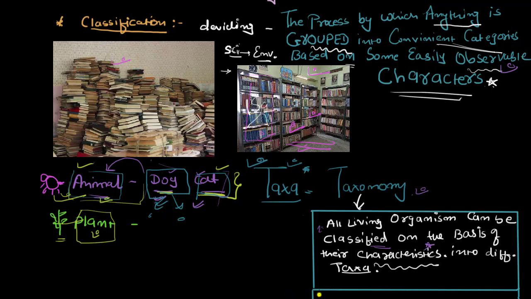Some of these characters are external characters. What do we mean by external characters? Which you can see with your naked eyes. Externally, I can see that a plant cannot move. That is an external character which I have observed. Then internal structure, for example, plant cells have a cell wall. Animal cells do not have a cell wall.